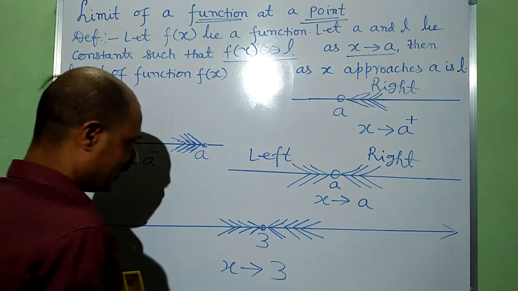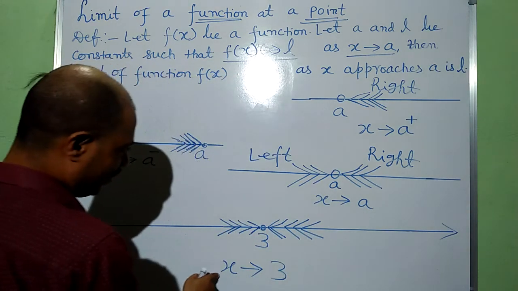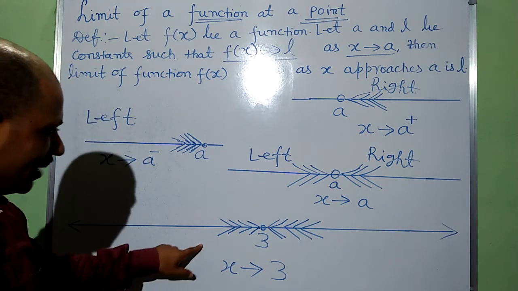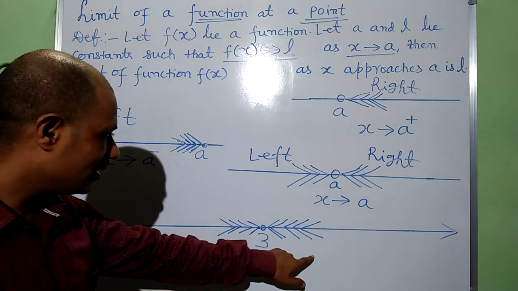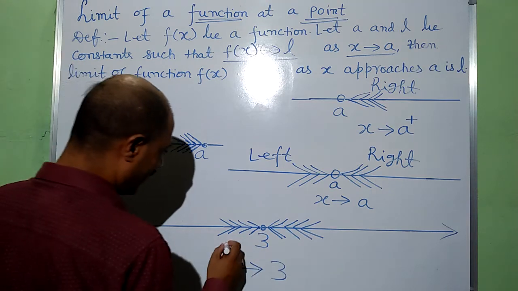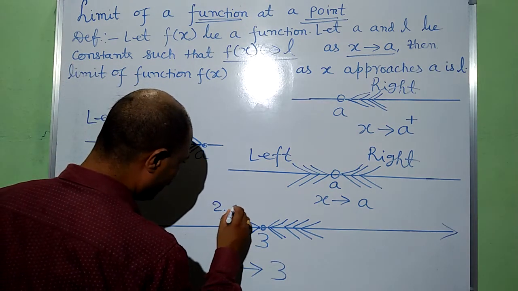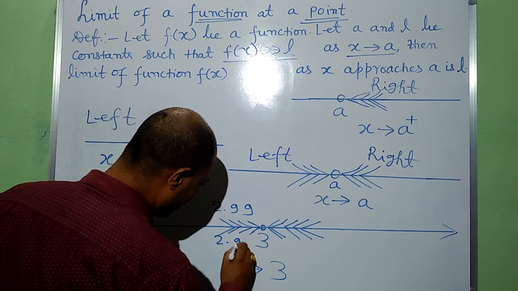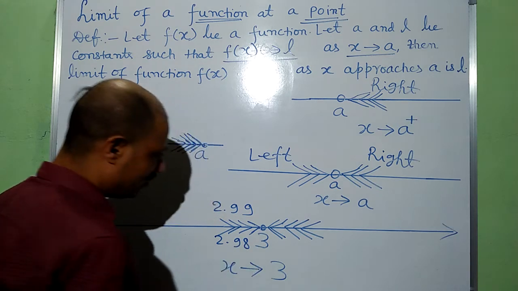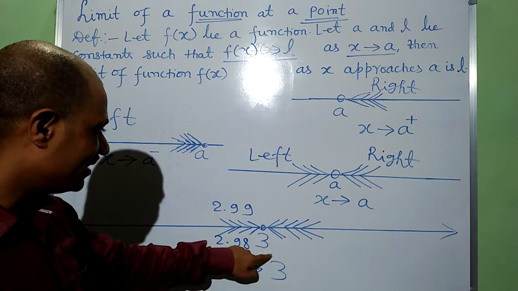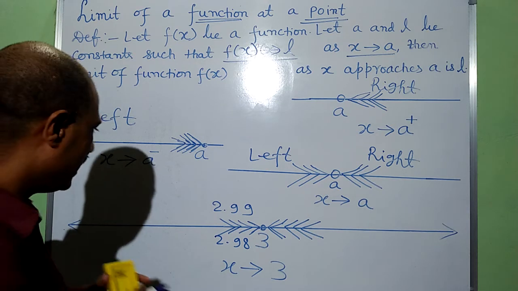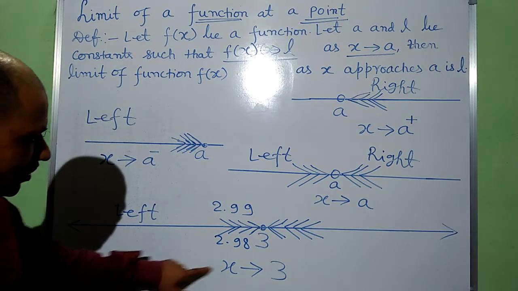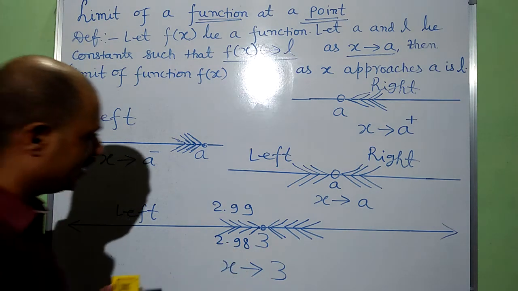Here, x is approaching 3 either from the left side or from the right side. It means the value of x is 2.99 or 2.98 and so on, slightly less than 3. x is approaching 3 from the left side.